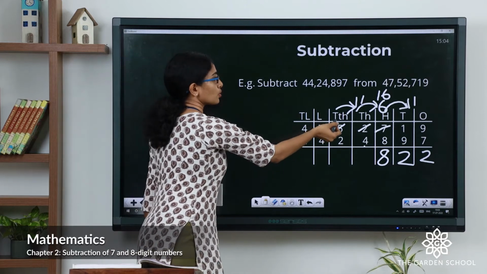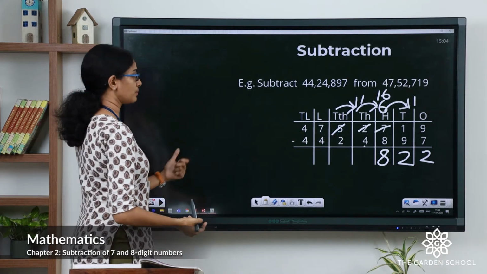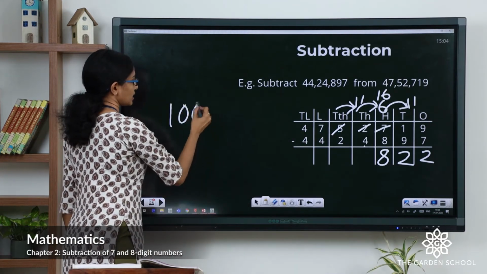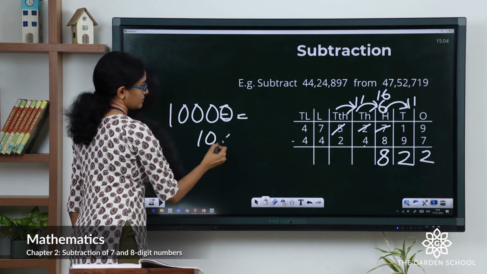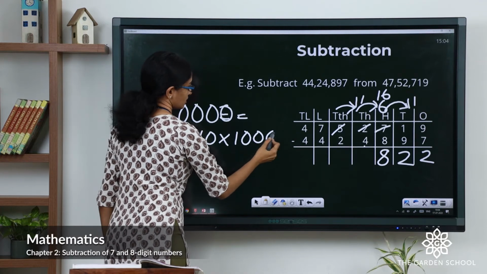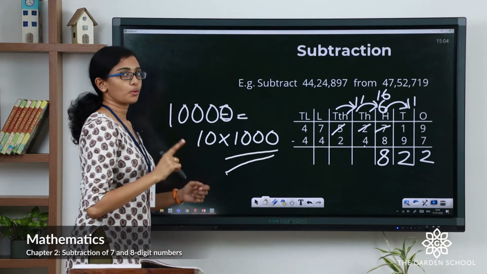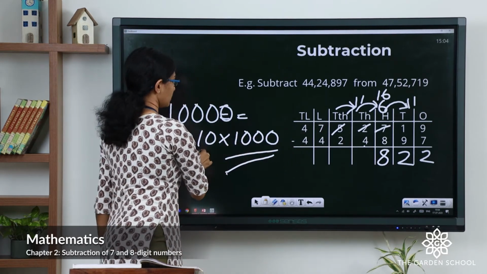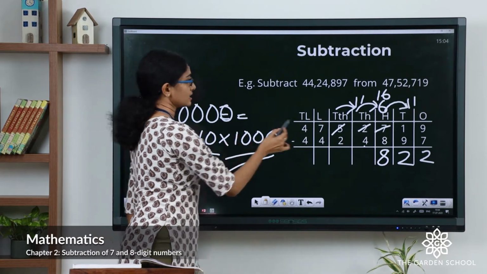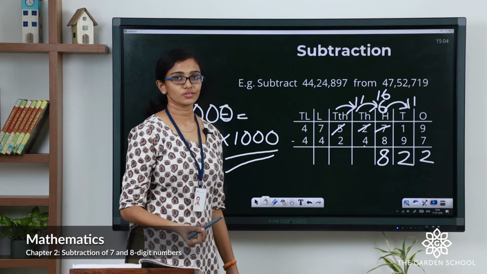We know we borrowed 10,000 from the 10,000s place. So 10,000 is equal to 10 times 1000. So when we borrow 10,000 from this 10,000s place, we are getting 10 thousands in the thousands place.